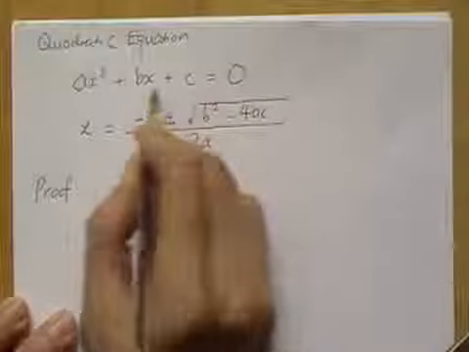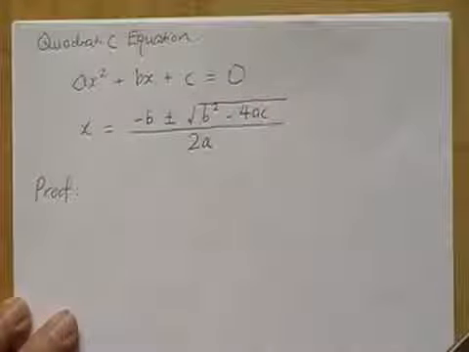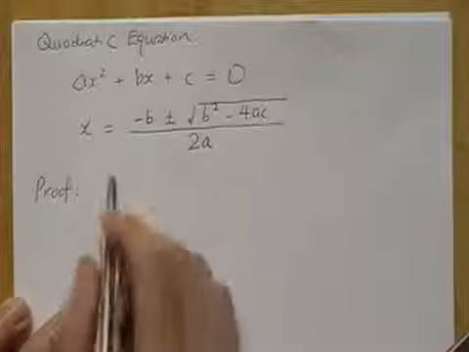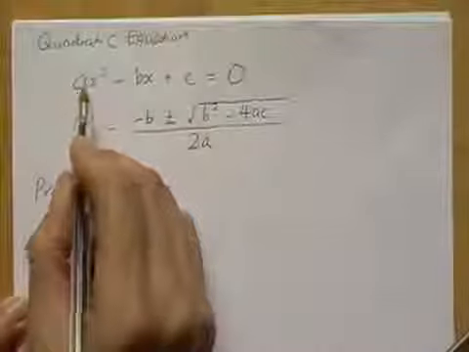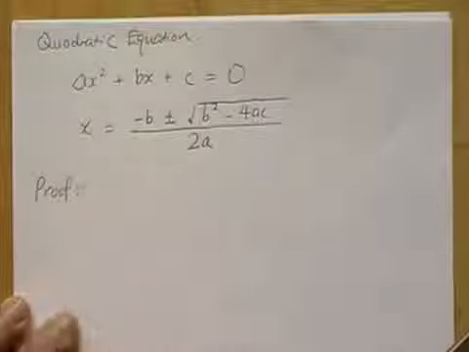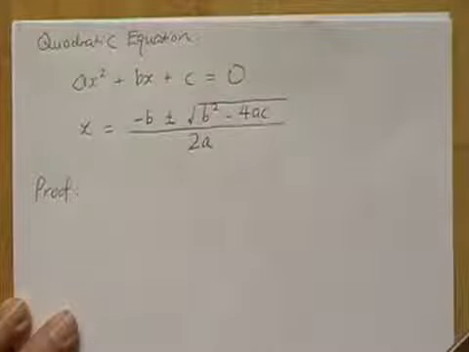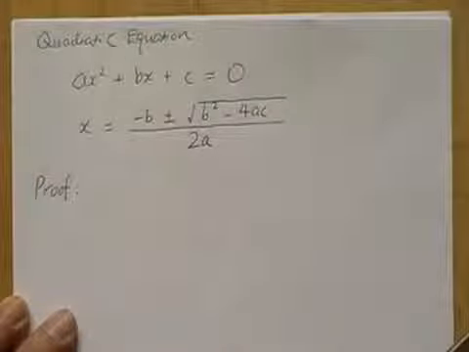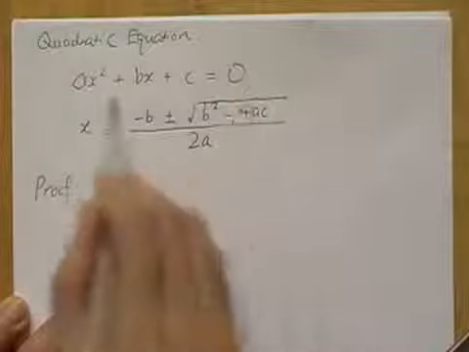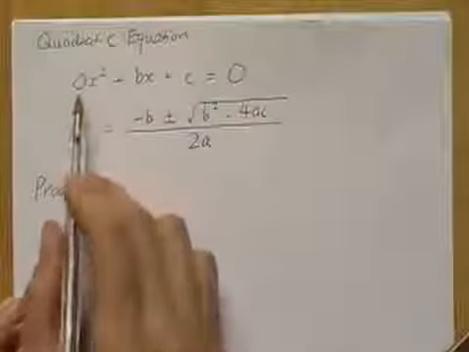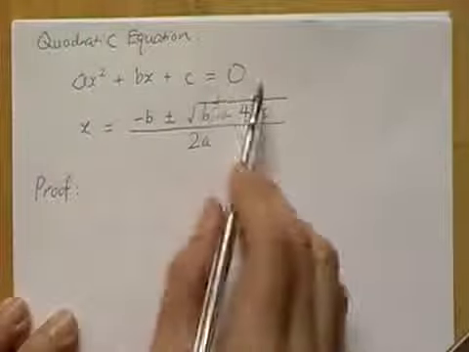Starting from that formula, when we complete the square, we start by factoring out the coefficient for x squared. In this case, since I have an equation, I could divide both sides by a.